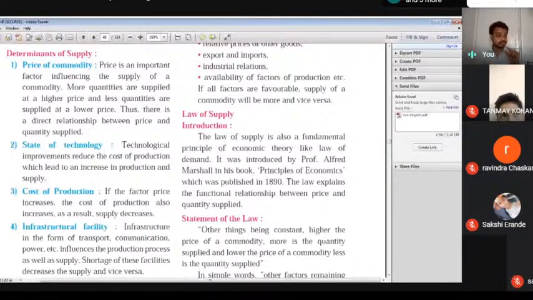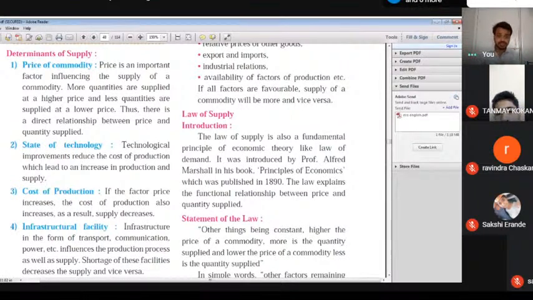What is the connection between price and supply? If there is limited gold and limited diamond, the price of diamond and gold is always high.